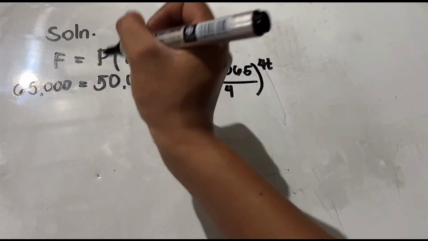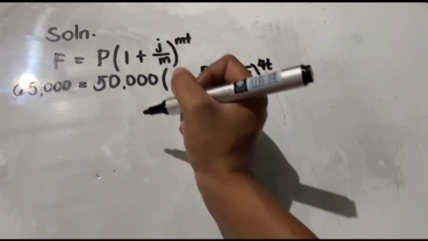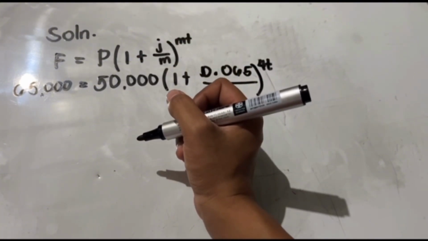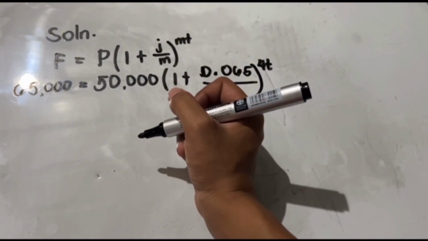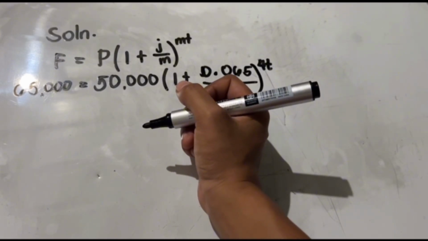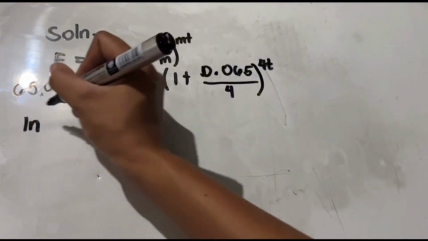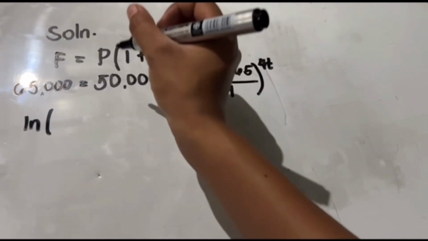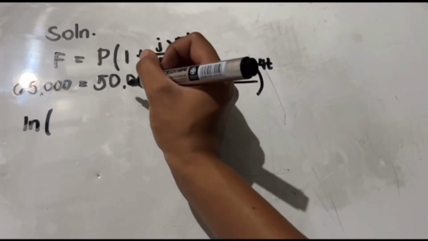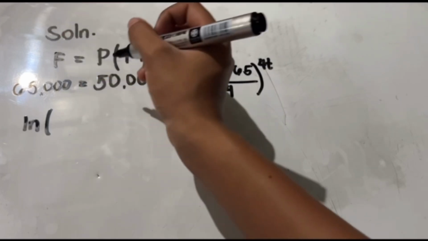So after dividing by 50,000, using the natural logarithm, we will take the logarithm of both sides.